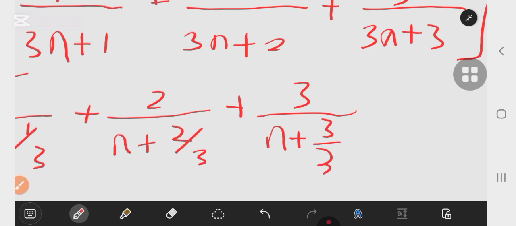So for what use is writing 3 over 3, I'll just write 1.